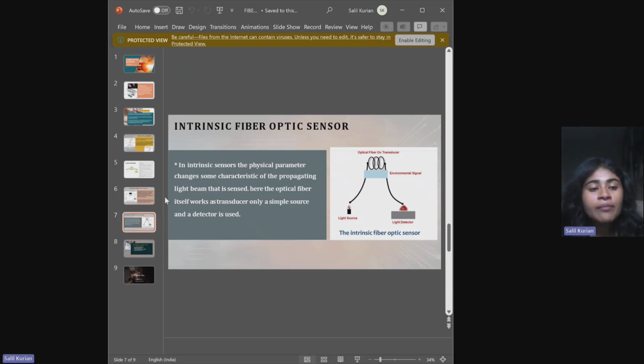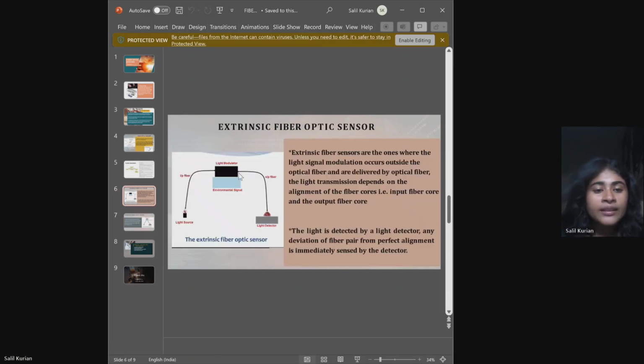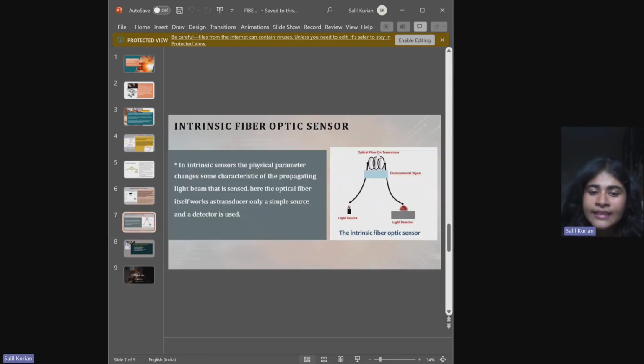In the previous example, the modulator is separate and the environmental change is separate. Here, it is directly sensed by the wire. So without any need of an external sensing element, it can detect the change in temperature, strain, pressure, or any parameters or behavior of light traveling through the fiber.